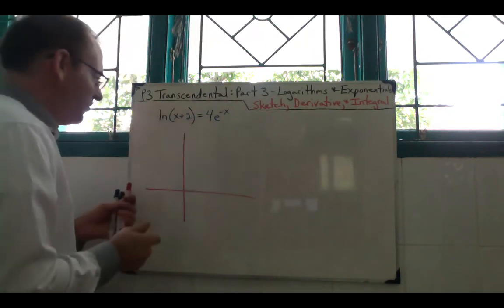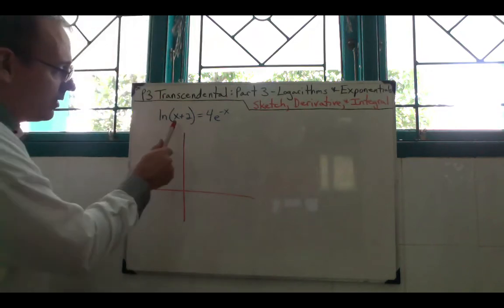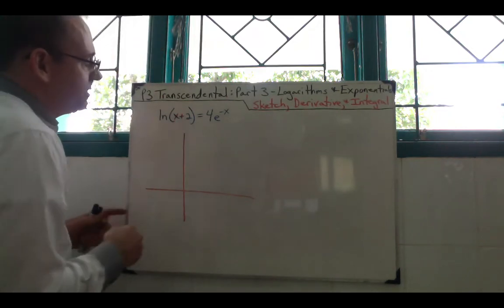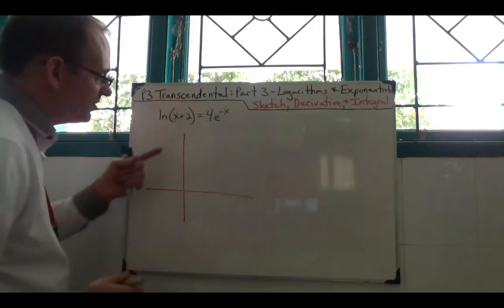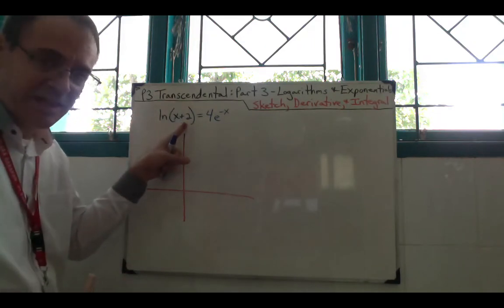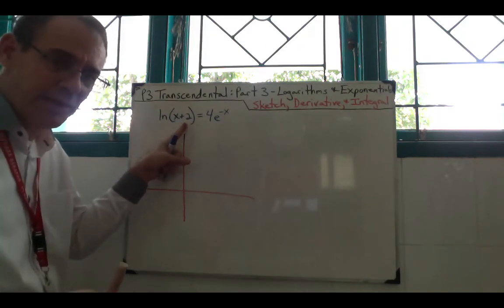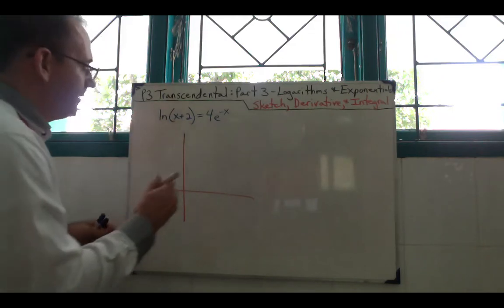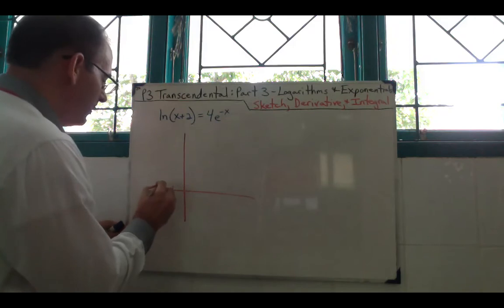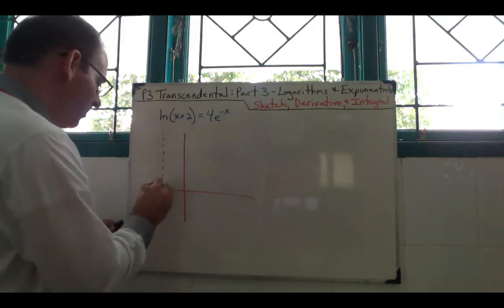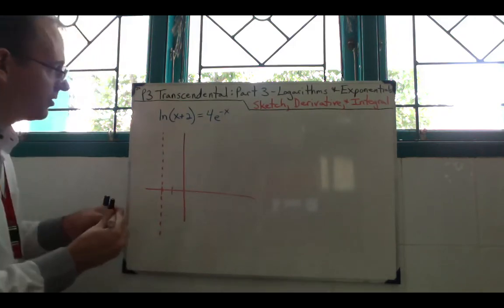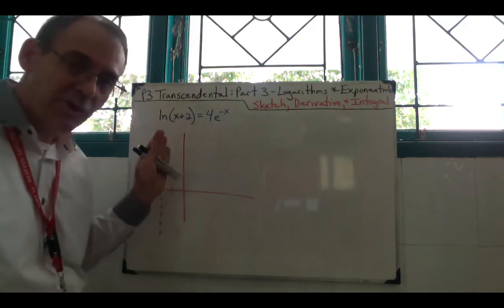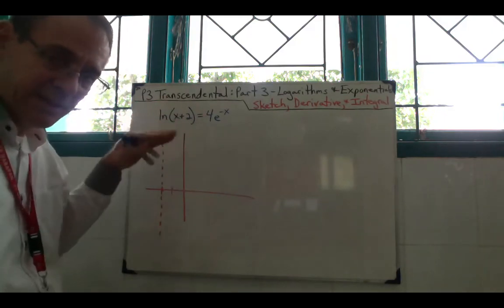So if we take this one, remember it's supposed to be x minus h. We need to change the sign. So instead of plus 2, it means our vertical asymptote is moving back 2 units. So 1, 2, we have a vertical asymptote. There's no k value, there's no outside value to shift it up or down.